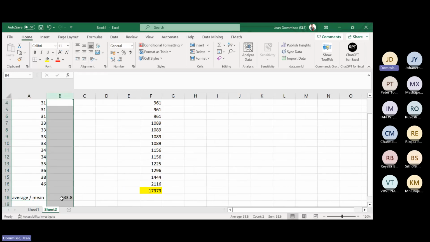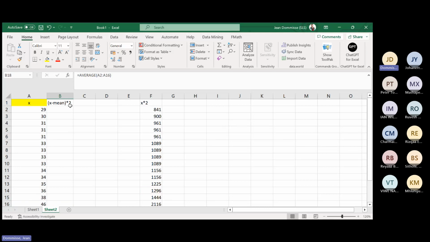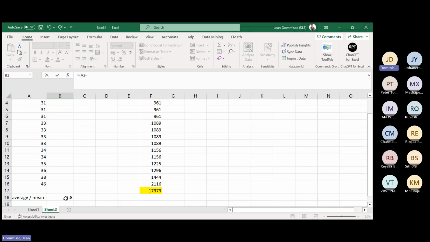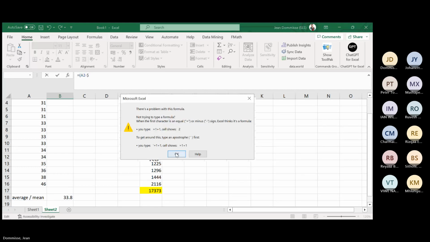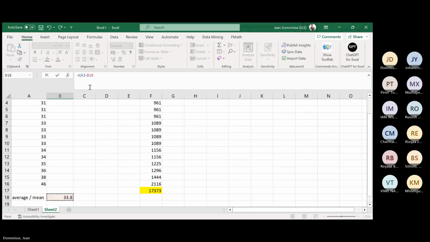So now we can use that in our formula. We now know that our formula says I need that X value minus the mean. I'm just putting in some dollar signs. Okay, so that didn't work. It's just dollar, to put in the dollar sign so that when I drag it down, it doesn't move.